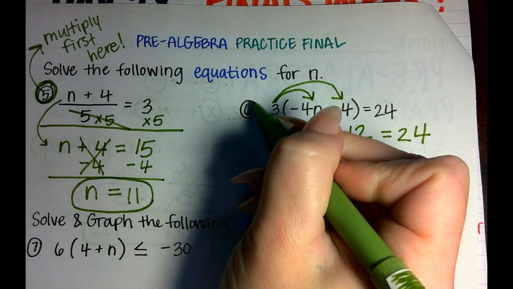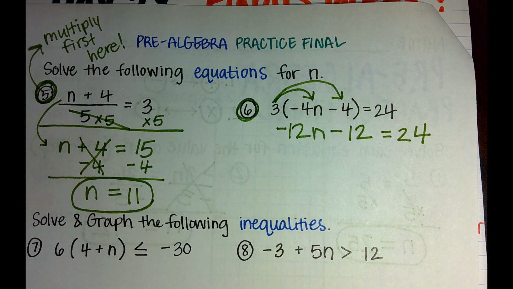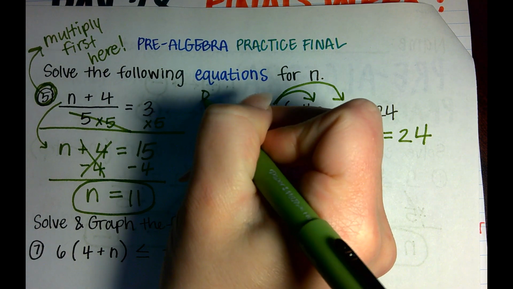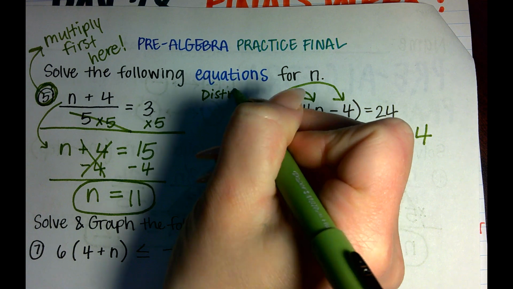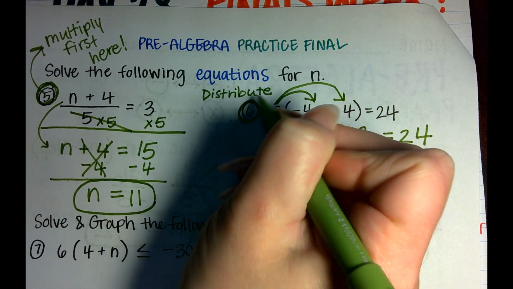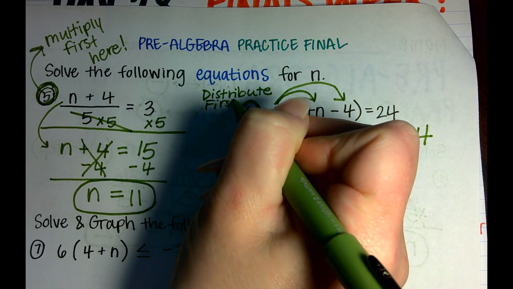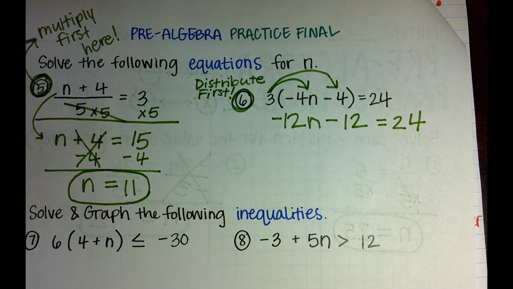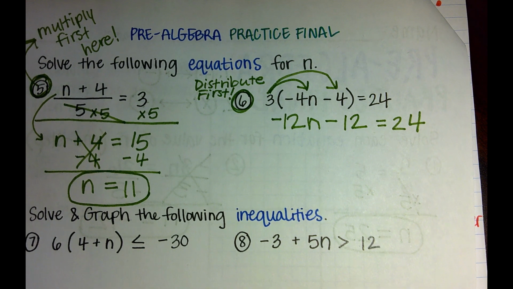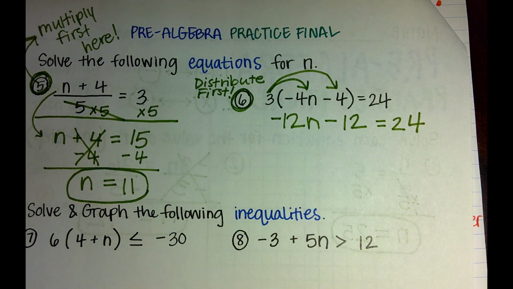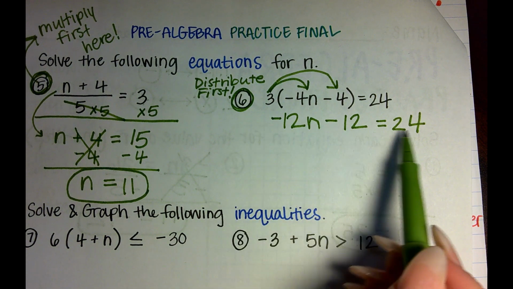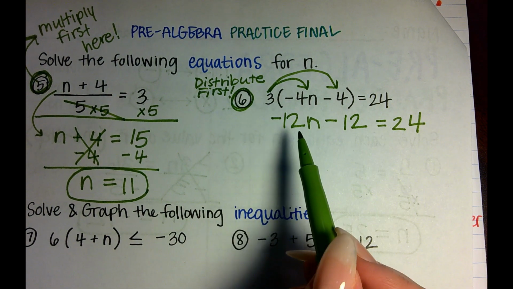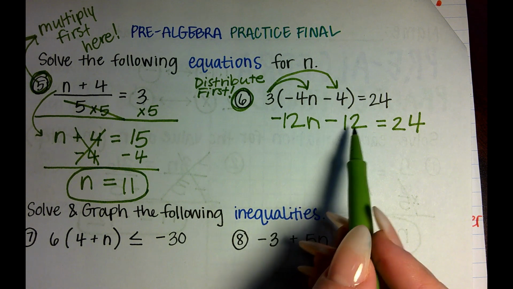So on this one, I'm going to write distribute first. And then we'll talk about the other way that we could solve this next. But for now, we've got the distribution first. And that leaves me with a whole new equation. Negative 12 times n minus 12 equals 24.